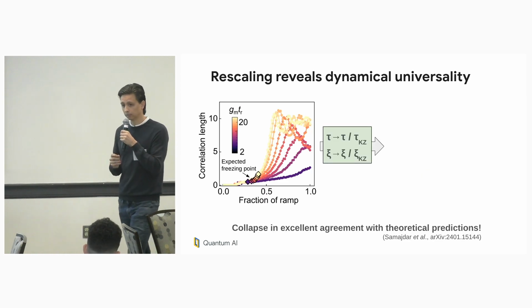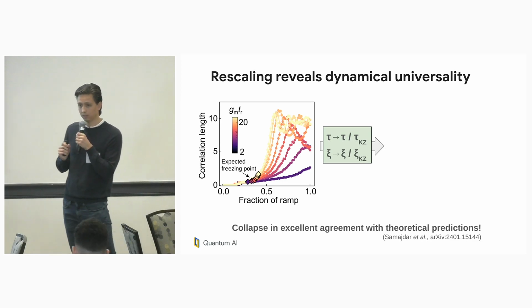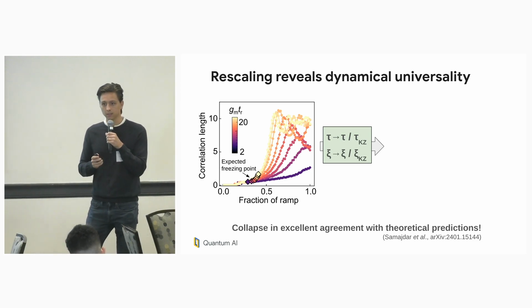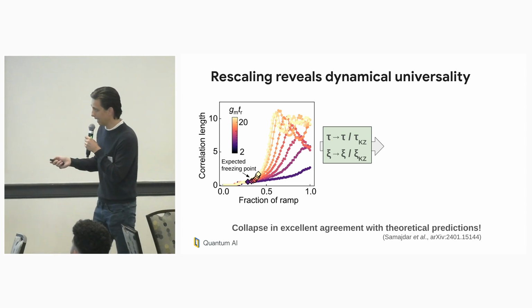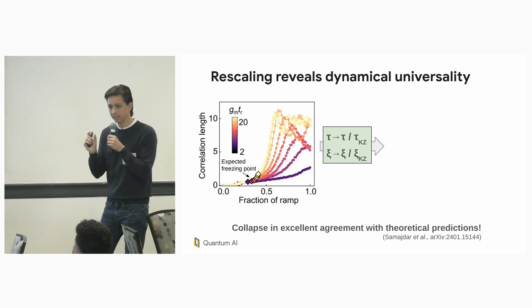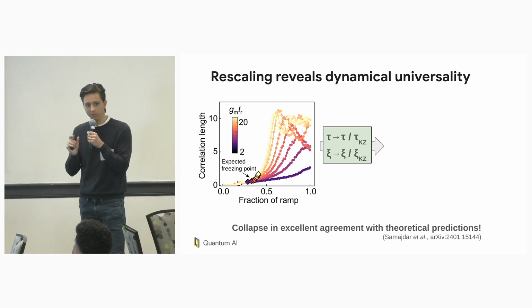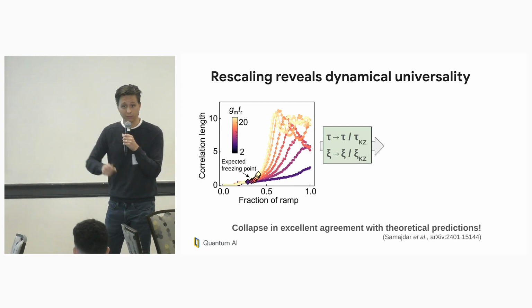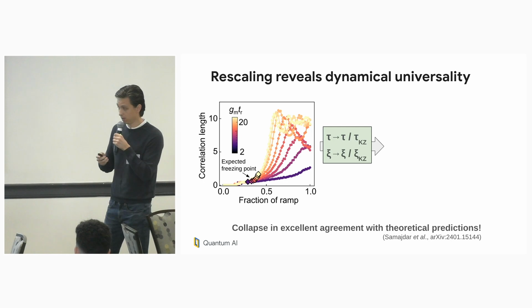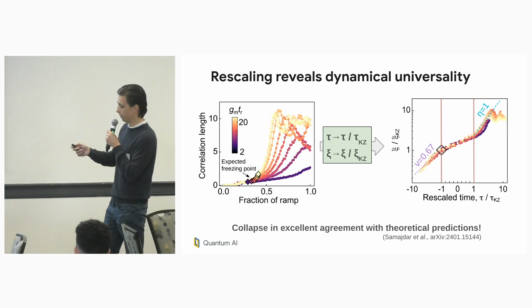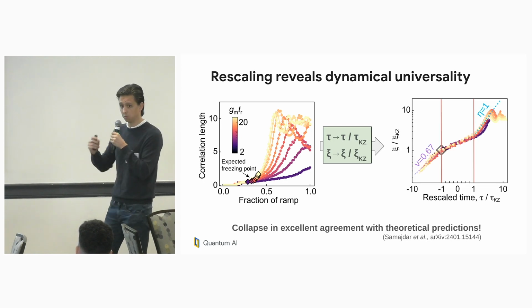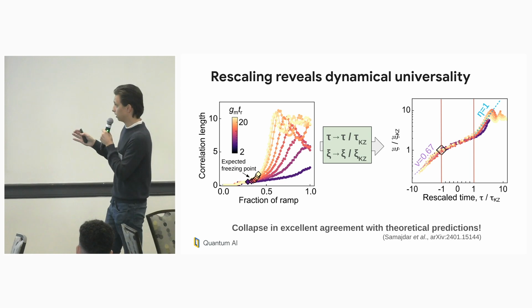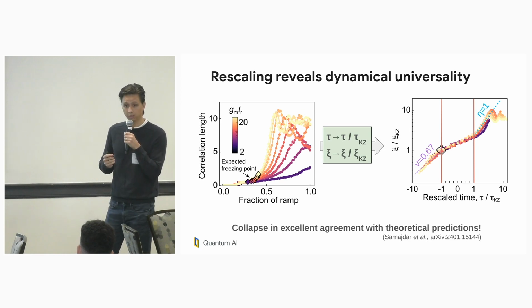What we can do then to learn even more about this is we can now go and rescale the axes. So I'm here going to rescale the x-axis by the freezing time. By that I mean how long before the critical point should the system freeze. And I can rescale the y-axis by the correlation length at that freezing point. When I do that, I find that these curves that were initially completely branched out actually collapse very nicely on top of each other.